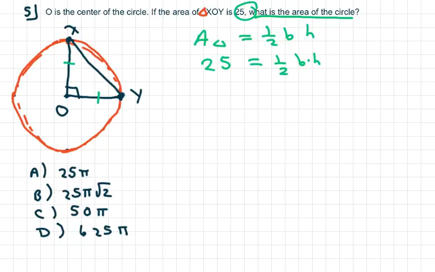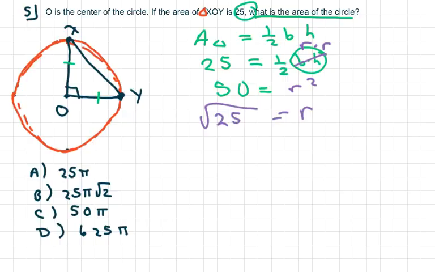When you multiply both sides by 2, you get 50 equals base times height. Well, these two are the same, and they're the radius. So I could just call this r times r, which is r squared. And so r equals the square root of 50, which is 5 square root of 2.